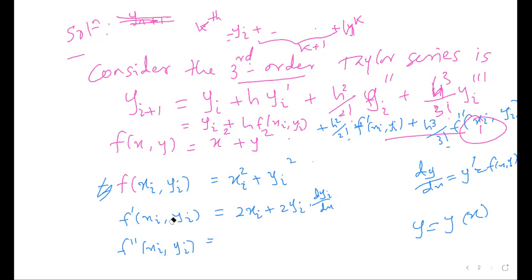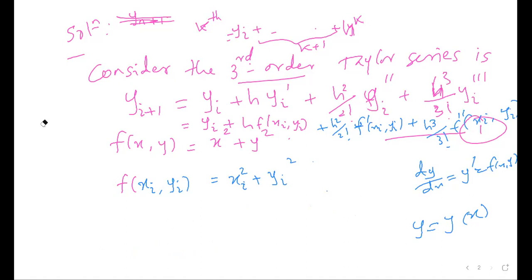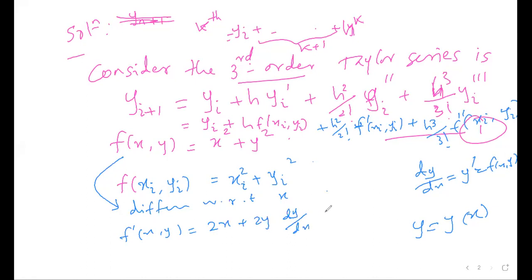When we differentiate, let's just keep it as x comma y, then we can substitute. If you differentiate with respect to x, f dash of x comma y is equal to 2x plus 2y dy over dx, isn't it?